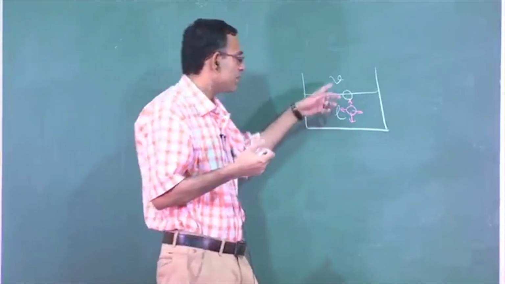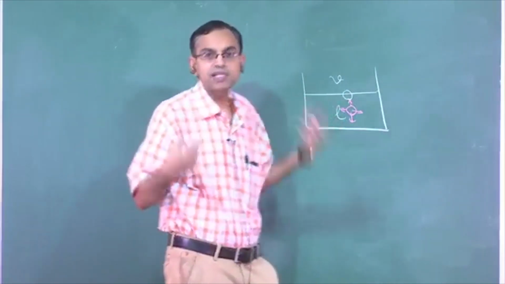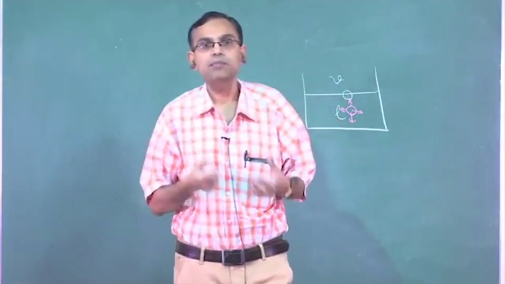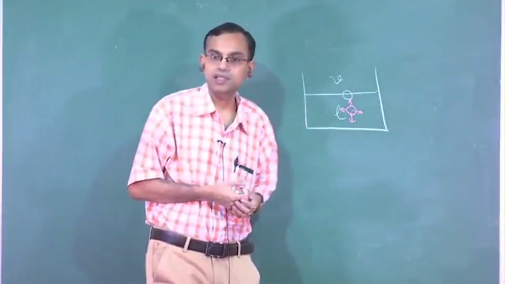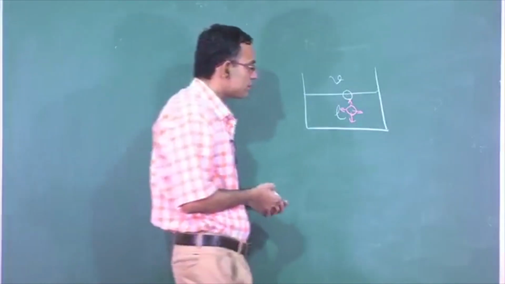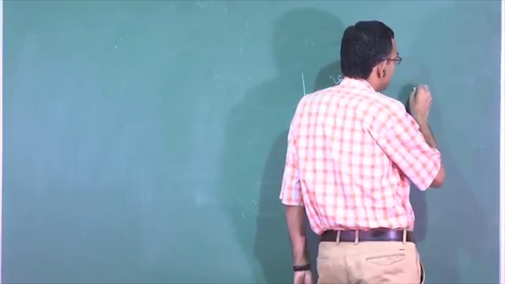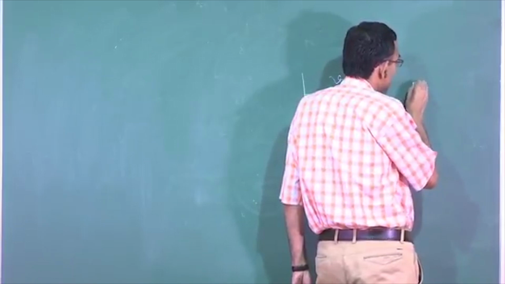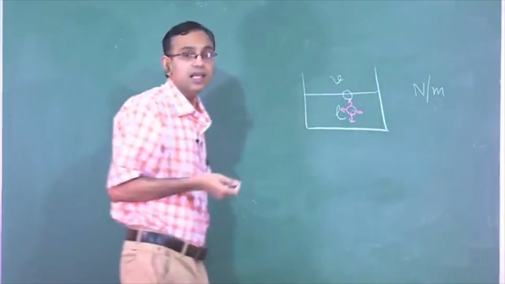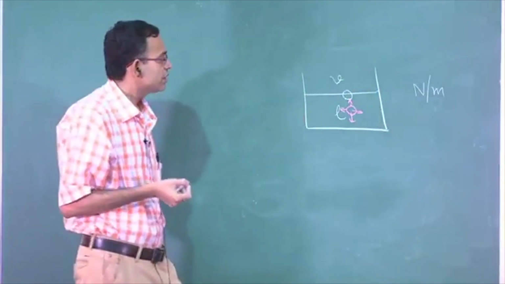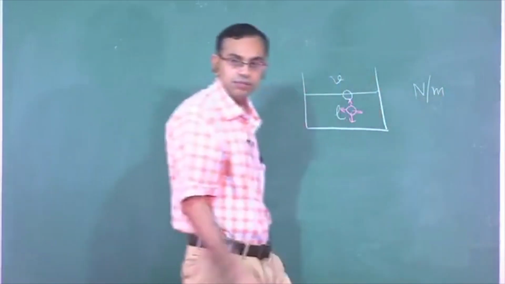Because of this differential force, the interface is in some kind of tension, and that is called interfacial tension or surface tension. So, surface tension is expressed as either force per unit length, that is Newton per meter, or surface energy per unit area, so that is also Newton per meter.